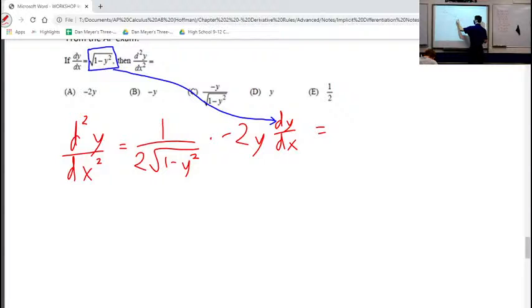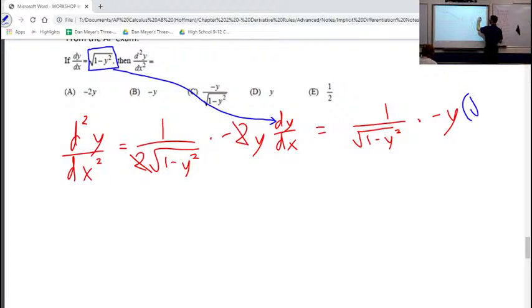And if it's okay, I'm going to cancel these 2's. Hopefully we can handle that being in the same step here. So I got 1 over square root of 1 minus y squared times negative y times dy dx. Well, dy dx is square root of 1 minus y squared.